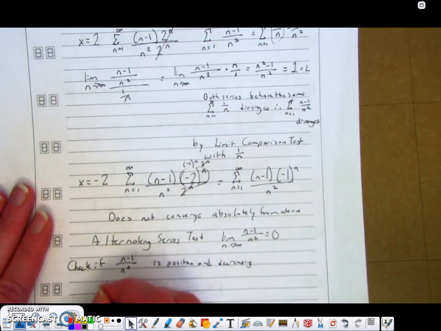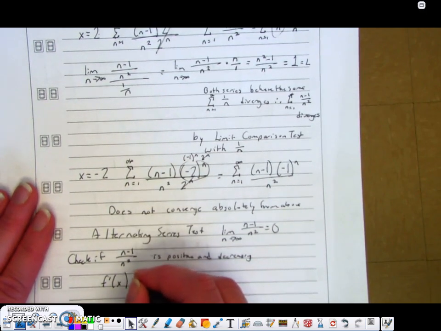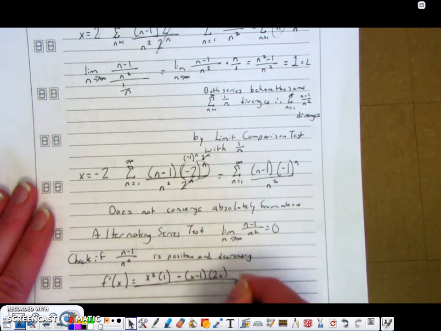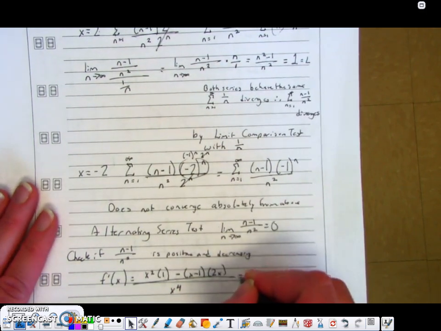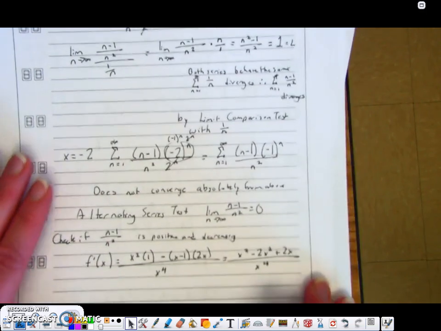So you could say f prime of x, and I'm just going to do the quotient rule. I guess I need to do x's. If these were all x's, then it would be low d high minus high d low, all over low squared. So that would just be x to the 4th. This would be x squared, distribute, minus 2x squared plus 2x over x to the 4th.